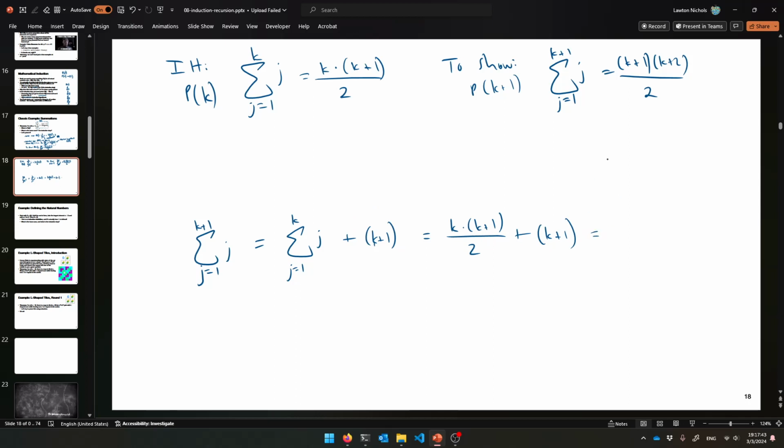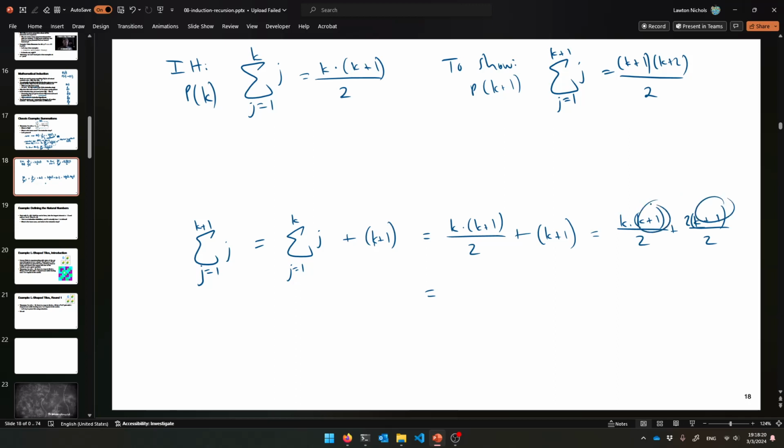And let's get 2 as the common denominator here, so that's equal to k times k plus 1 over 2 plus 2 times k plus 1 over 2. Now I can bring them all together. Excuse me, you see how you can take out, it's really just, this is all in one line now.